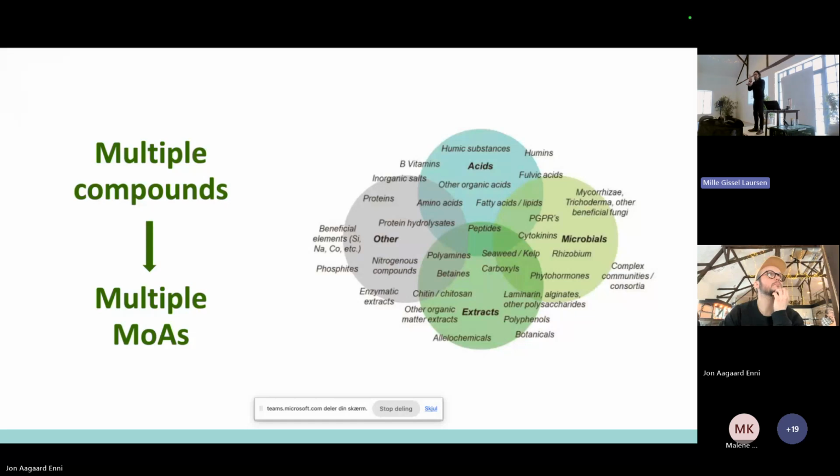We need to be much more specific about which biostimulant. Biostimulant is a category. What did you actually apply? Was it kelp? Was it fish? Was it amino? Okay, so we have to be more specific. There are many different types, thousands of different biostimulants. I would just encourage you to be a bit more specific about which ones.